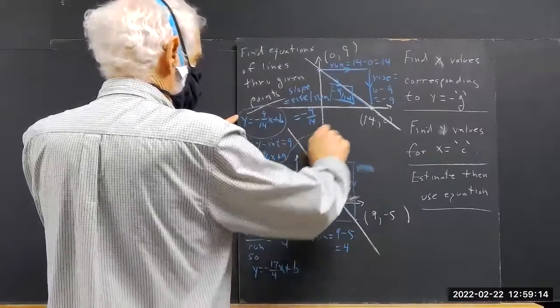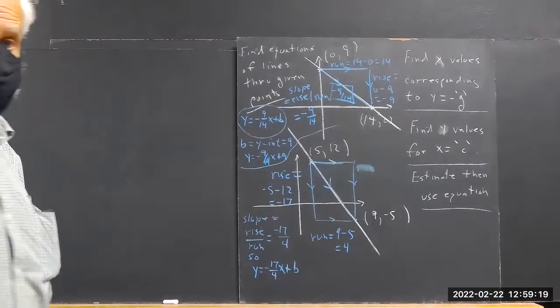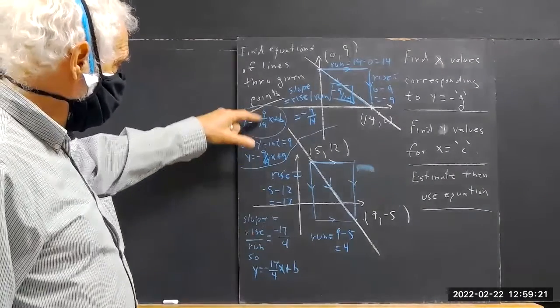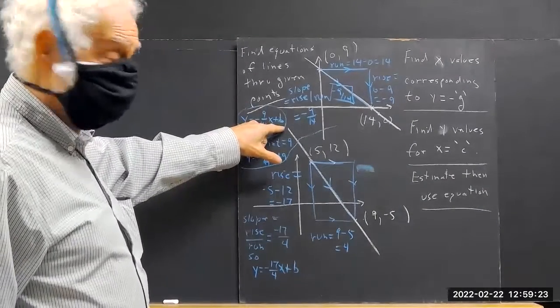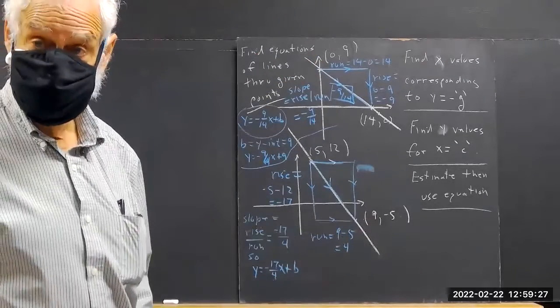Not sure how good that is, but there's your process, okay? You got y equals negative 9/14 x plus b. b is your y-intercept. Y-intercept is one of your given points. You don't need to do anything more.